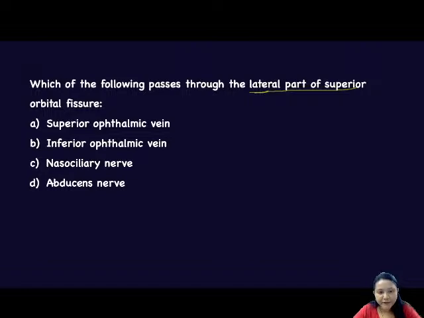Come on, somebody should attempt this. It is very easy. Just now we have studied the contents of the superior orbital fissure and the mnemonics for it. No one? What will be the answer for this?